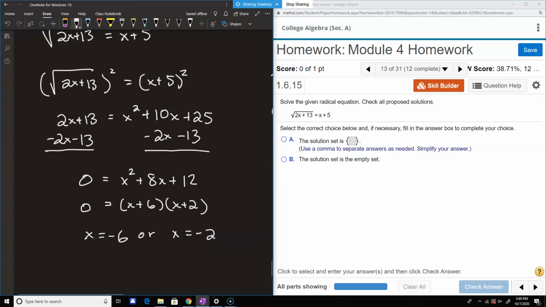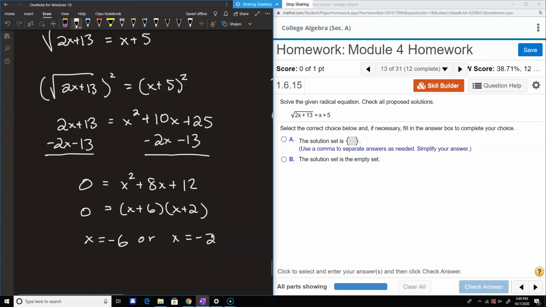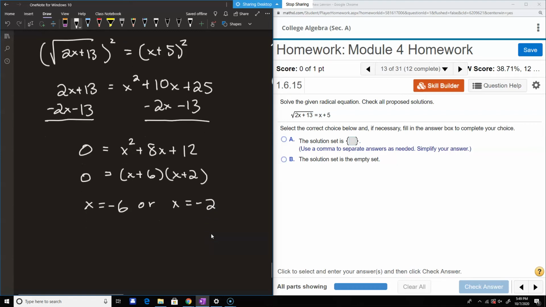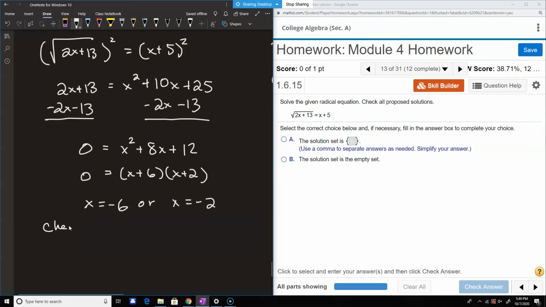All right, so we've now gone through all the steps and solved this radical equation. Last thing we have to do is check our answers up here in the very first line. Square root of 2x plus 13 equals x plus 5. So we have to check both answers and see if they work. So let's check negative 6.